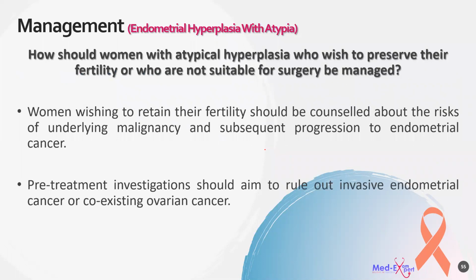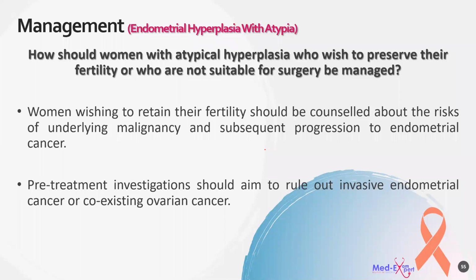And for those women who decline surgery because they are not fit for surgery or because they wish to preserve their fertility, how could we deal with such patients? First, again, we have to counsel them very well about the very high risk of underlying malignancy and the subsequent progression to endometrial cancer.